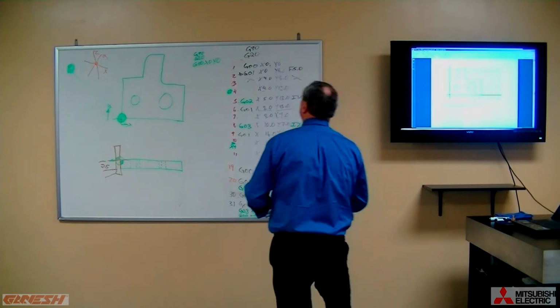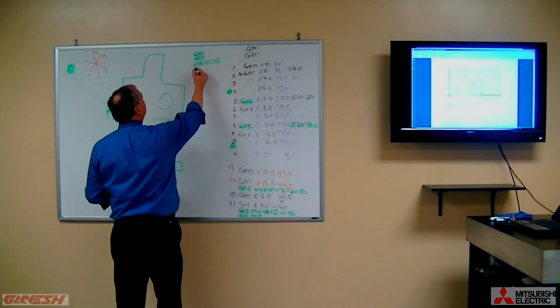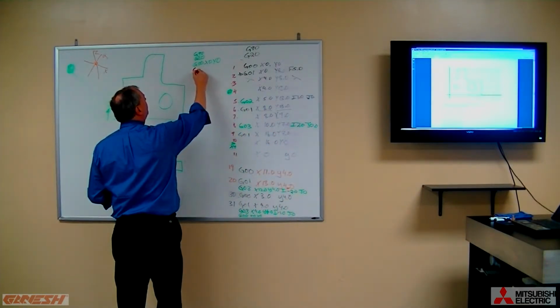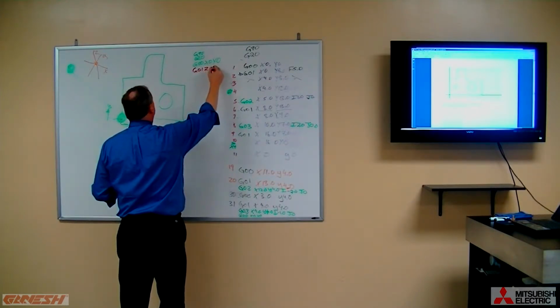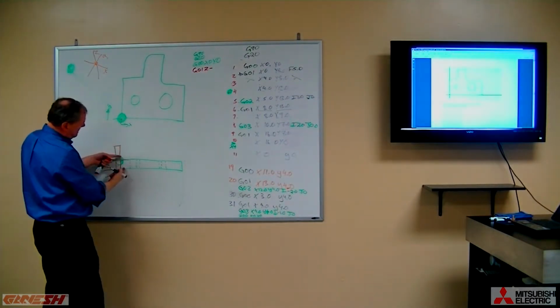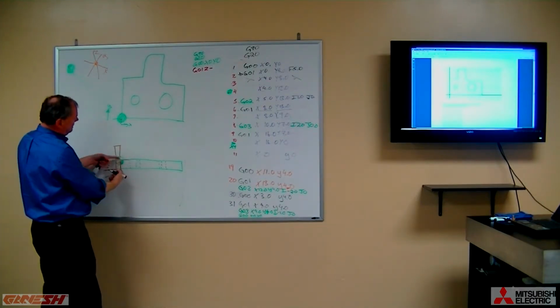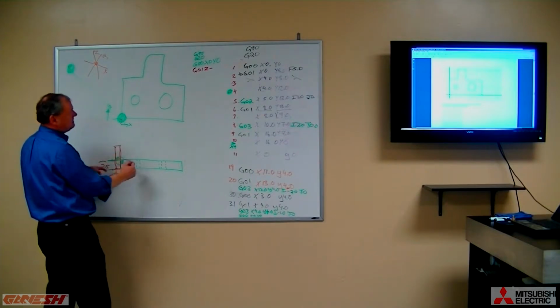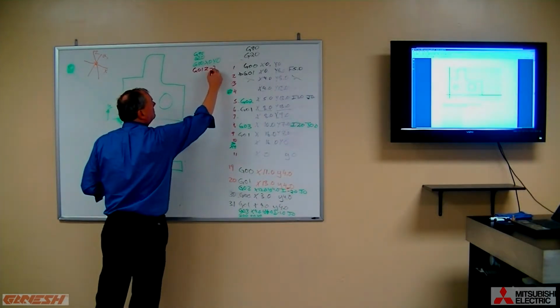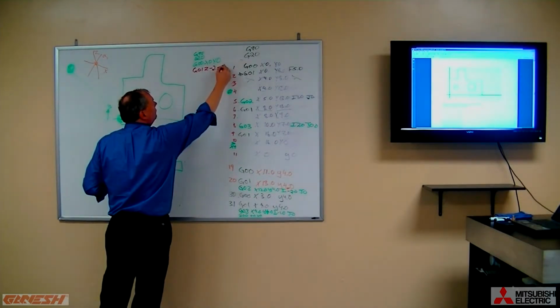So we did a G00, so what we probably want to do is move the z down at a feed rate. So I'm going to say G01, z minus, and as I said, we're going to assume this part is 2.5 inches thick. So we want to take the bottom of the tool and make sure it's at the bottom edge of the part, z minus 2.5, and we'll do a feed rate right here of 5.0.